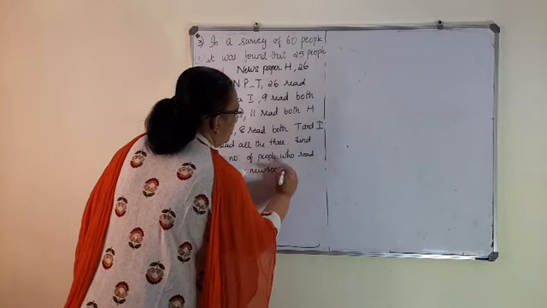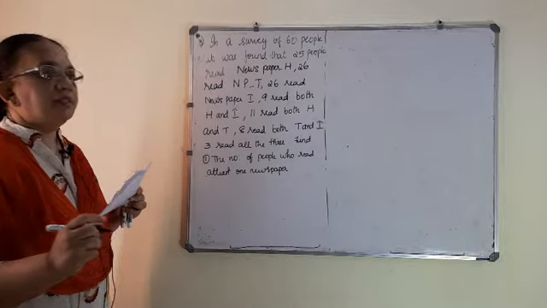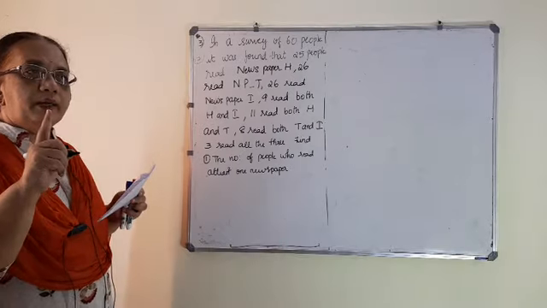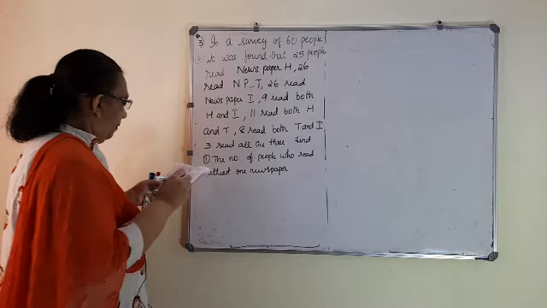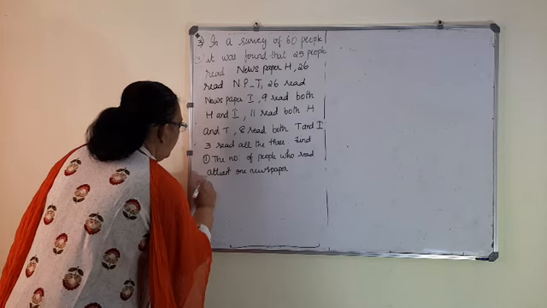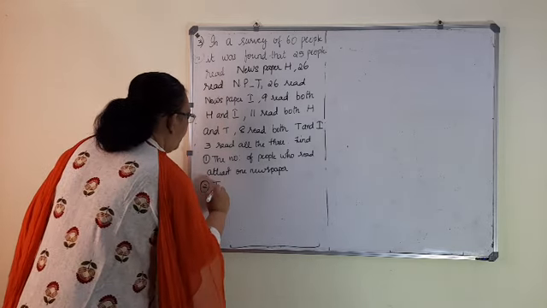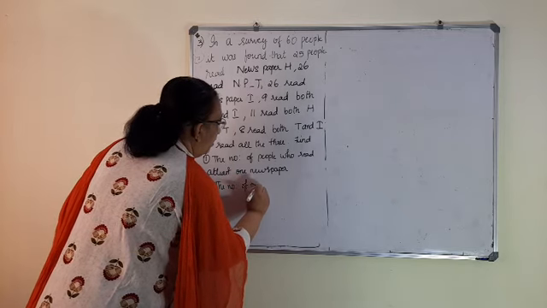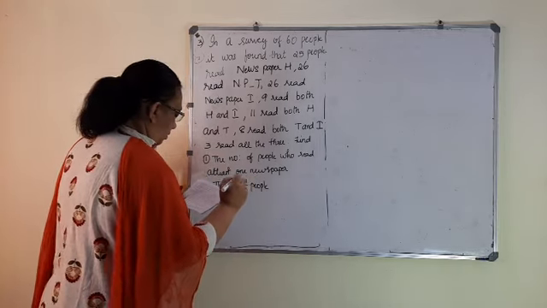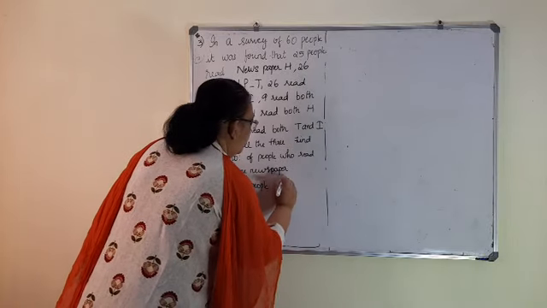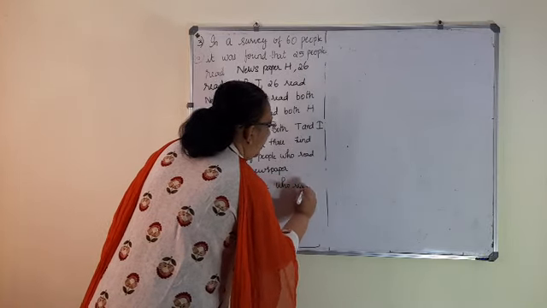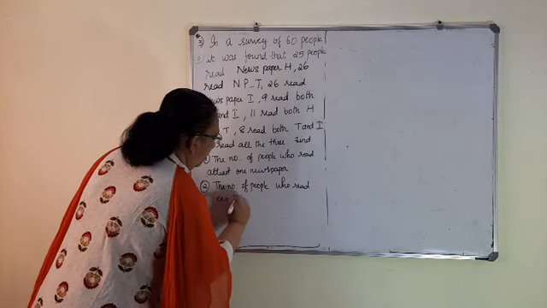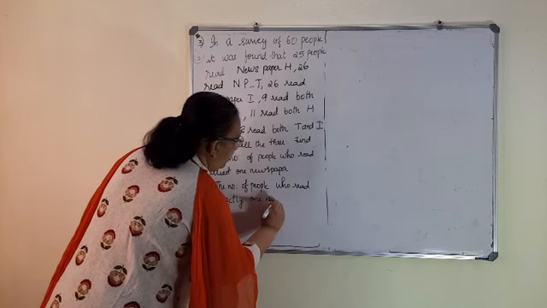In the survey of 60 people, you have to find out the number of people who read at least one newspaper. Second question: the number of people who read exactly one newspaper.